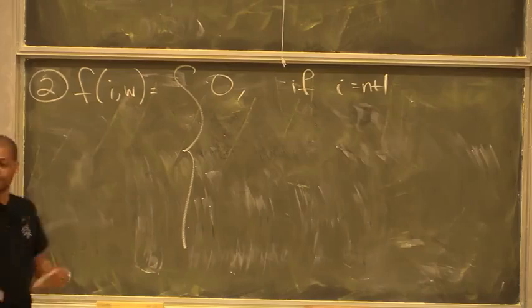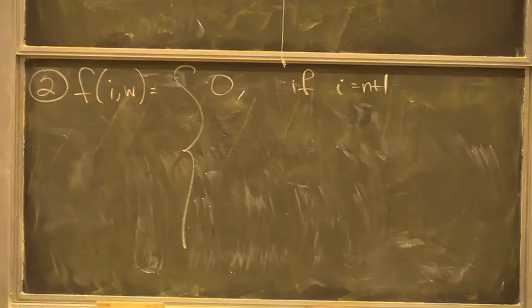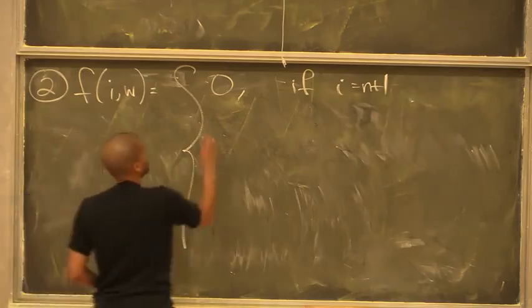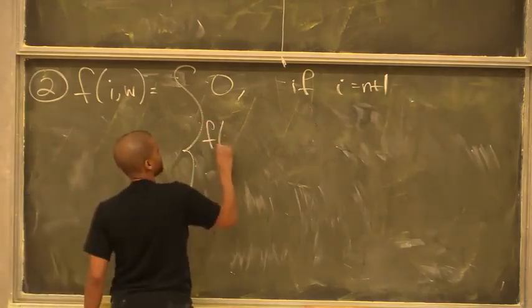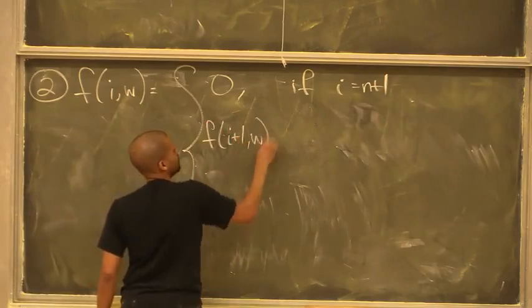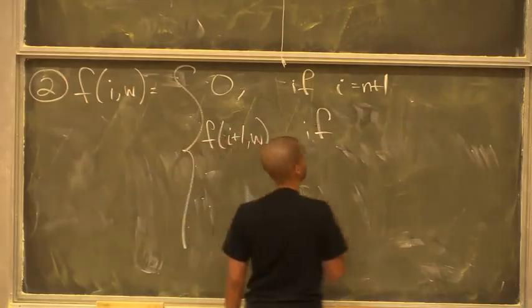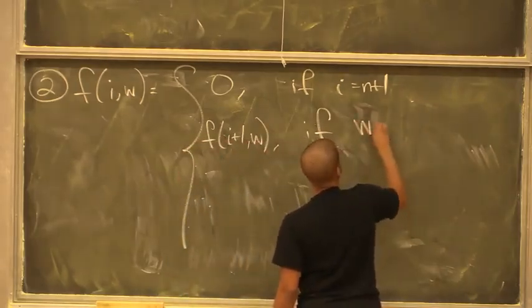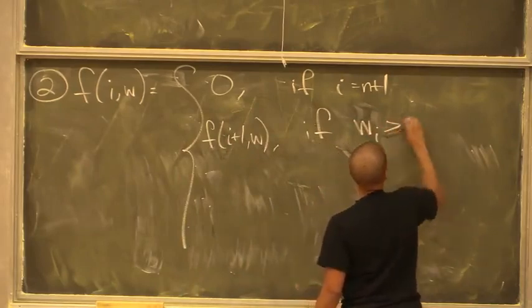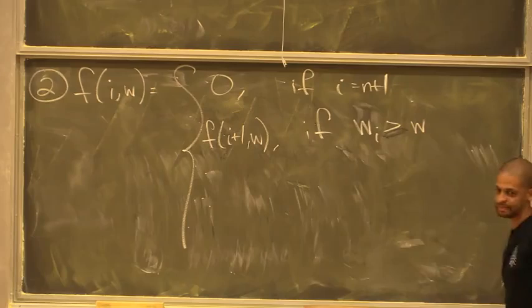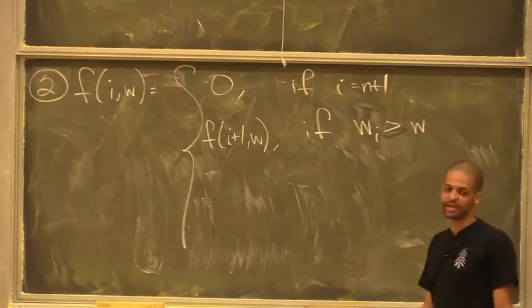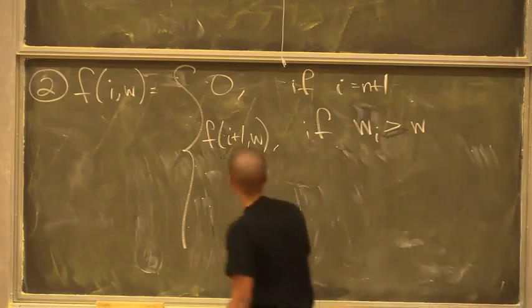Otherwise, I can either choose the item or not choose the item. Now, am I always allowed to choose the item? No, because the item might be too heavy. It might not fit in my knapsack. So if I'm not allowed to take the item, then the best I can do is f of i plus 1, w. I don't even consider taking the item. That's if the weight of item i is bigger than w, I can't actually fit it. Otherwise, I have 2 options. I can either take the item or not take the item, and I take the better of the 2.